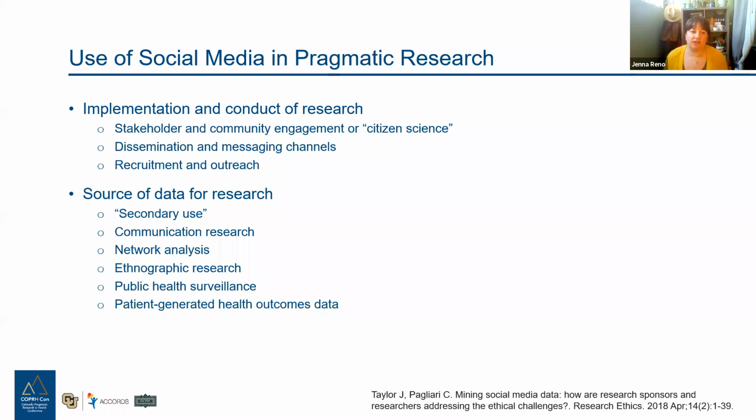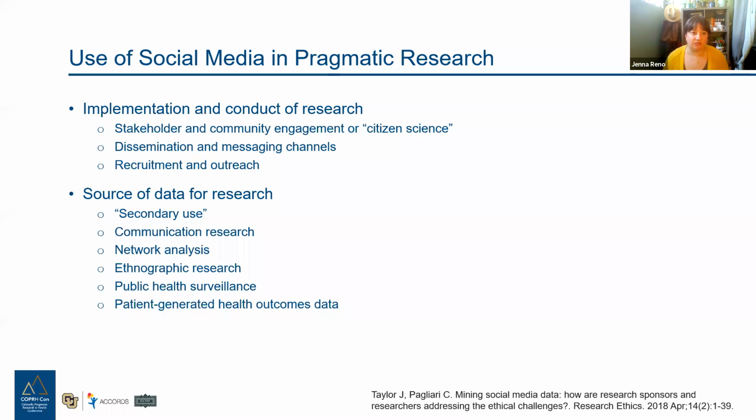We can think of social media as a way to disseminate the results of our research, or to design messages specific to different types of stakeholders and different channels. We could also consider social media as a way to recruit people, although as Bethany and I have been learning lately, there are some caveats for using social media for recruitment. We also can think of social media as a source of data for our research.